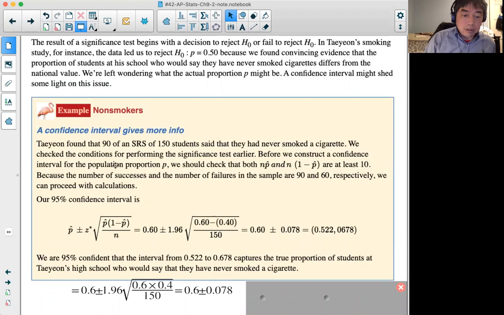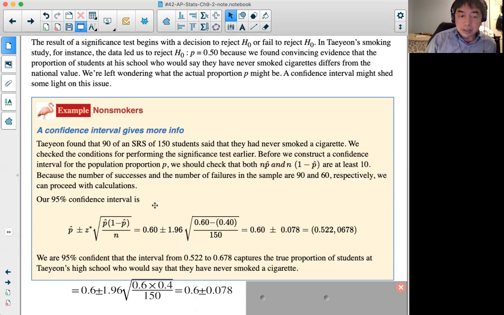We checked the conditions for performing the significance test earlier, and before we construct a confidence interval for the population proportion P, true P, we should check that both n times p hat and n times q hat, which is the complement of success, are at least 10. The number of successes and failures in the sample are 90 and 60 respectively, so we can proceed with the calculation.